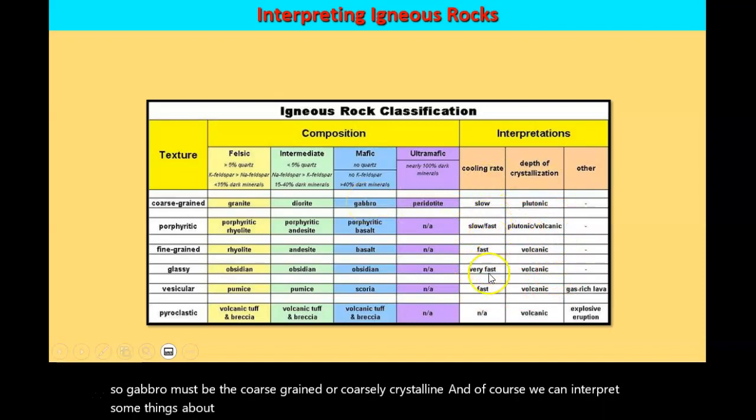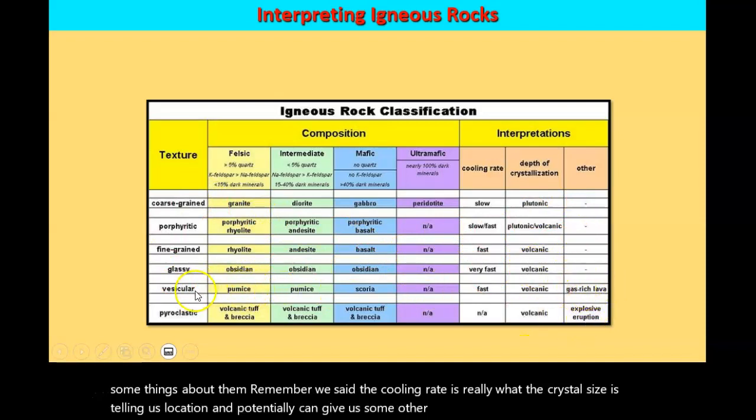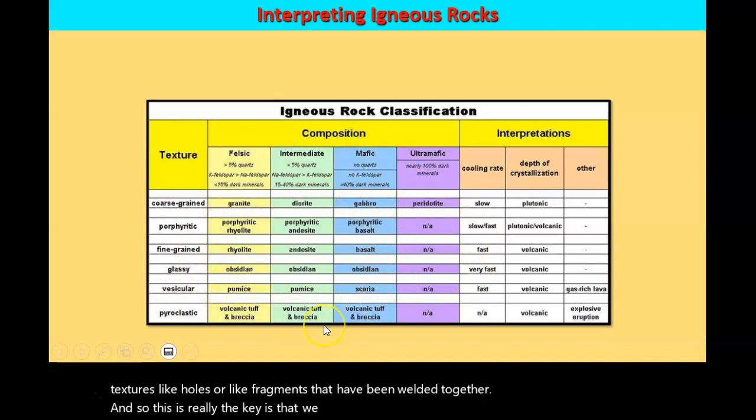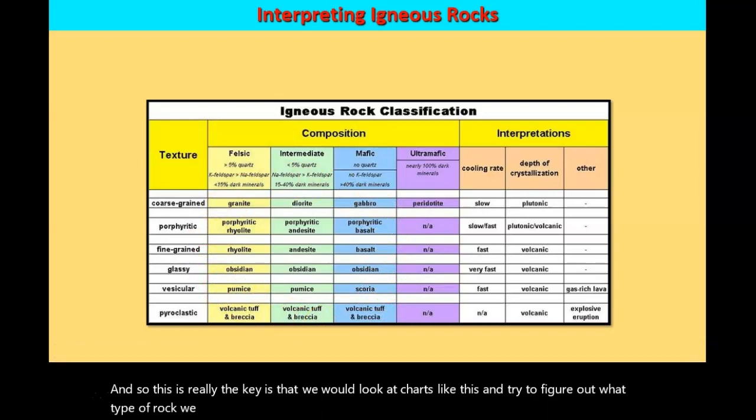Remember, we said the cooling rate is really what the crystal size is telling us, location, and potentially can give us some other information based on some unique textures like holes or like fragments that have been welded together. And so this is really the key, is that we would look at charts like this and try to figure out what type of rock we have just based on those two things.